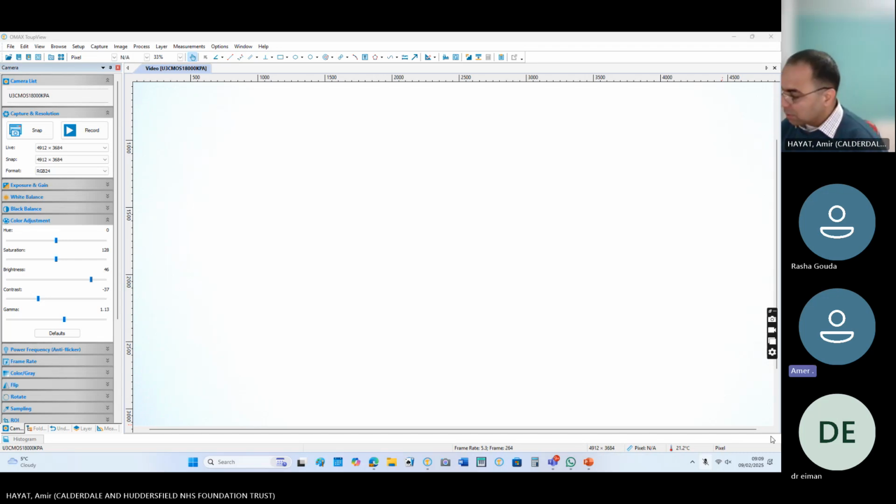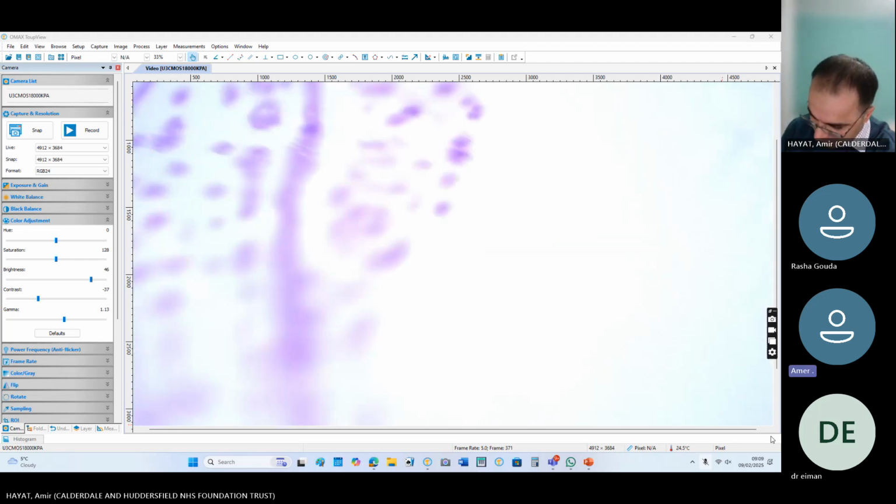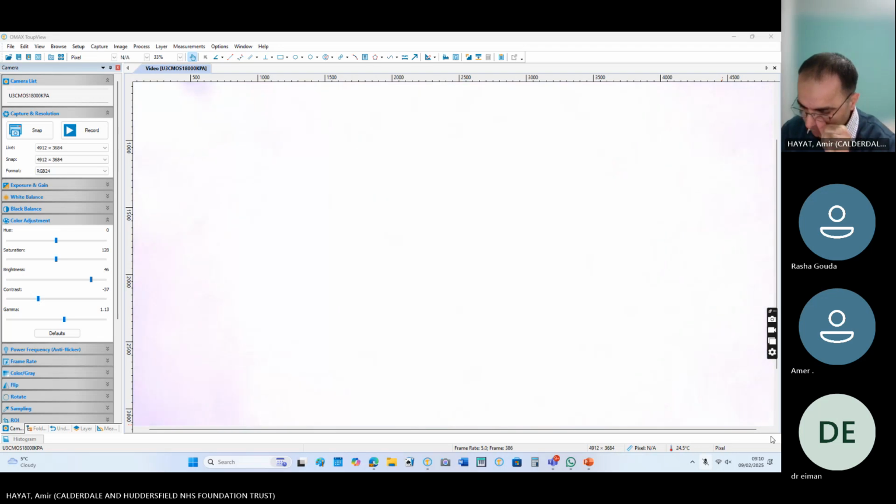So we will start with our first case. This is a 50-year-old male patient who was referred to hematology because of progressive anemia and tiredness.